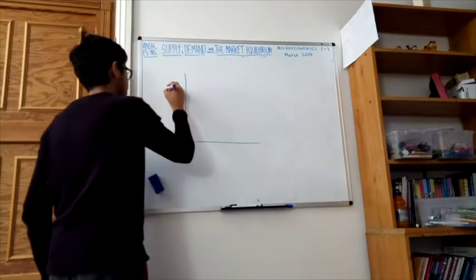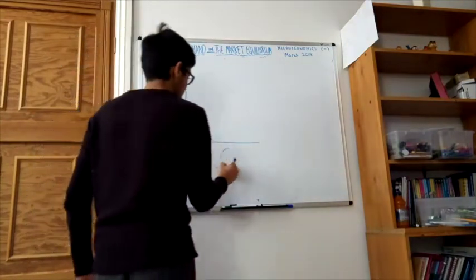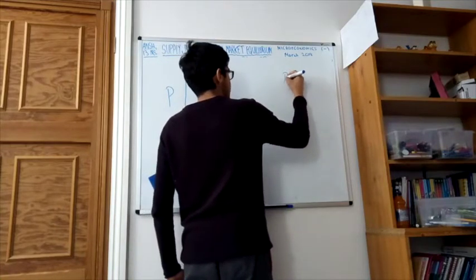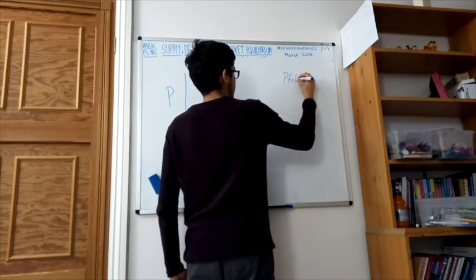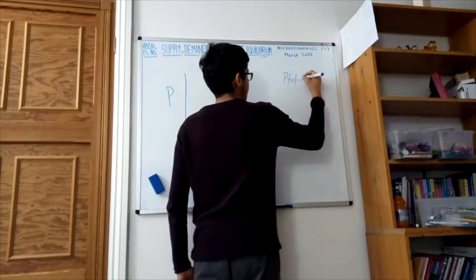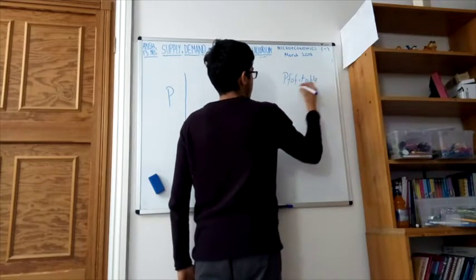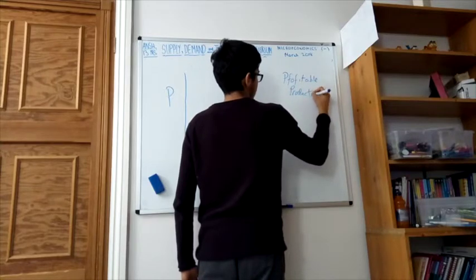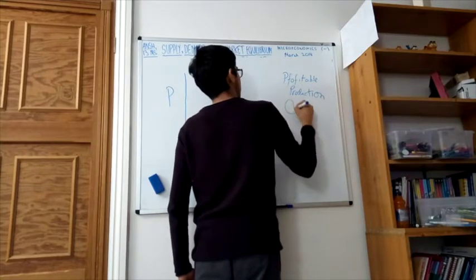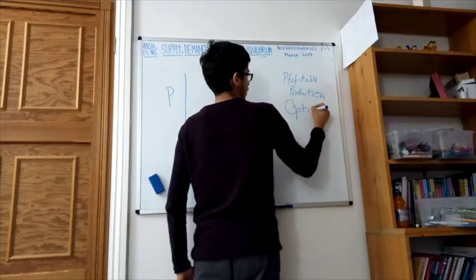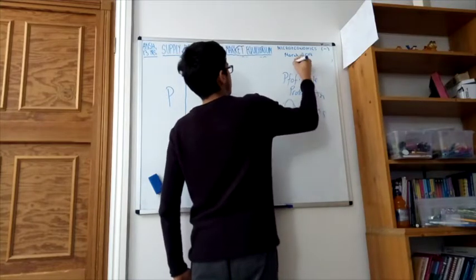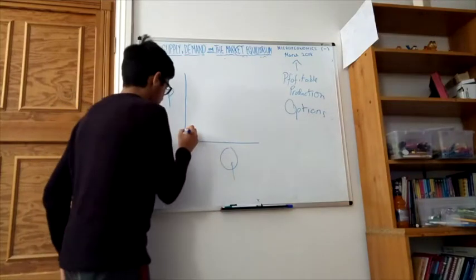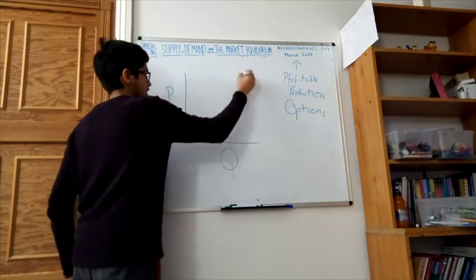So now we're just looking at the last affecting factor with a bit more space: other, more profitable production options. Say before our supply curve looked something like this.